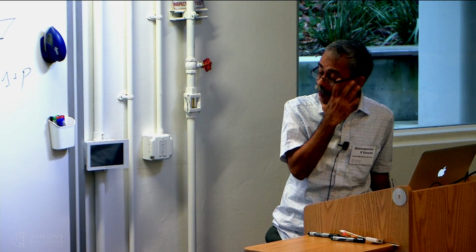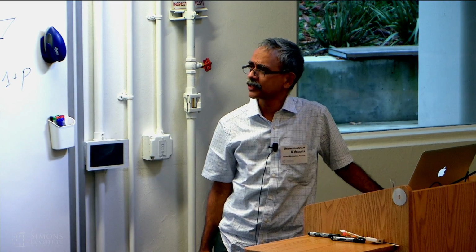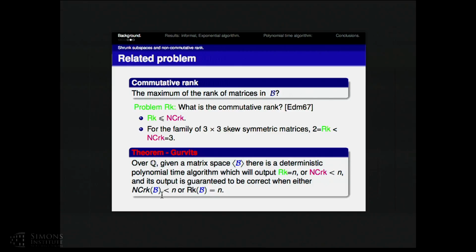So when it comes to this problem, the earliest known result was a theorem of Gurvits, which worked under a promise. It worked under the promise that your inputs are guaranteed to be of the following kind: if your matrix space is guaranteed to have commutative rank n, or non-commutative rank strictly less than n, then Gurvits actually had a deterministic polynomial time algorithm for this.